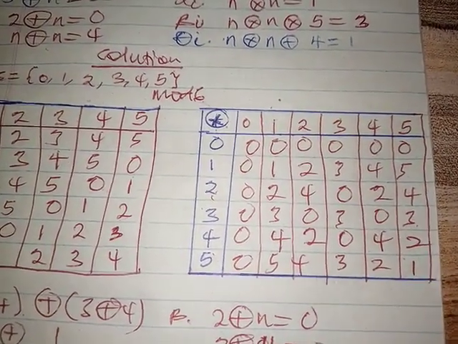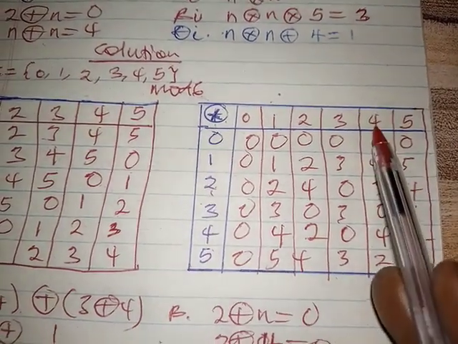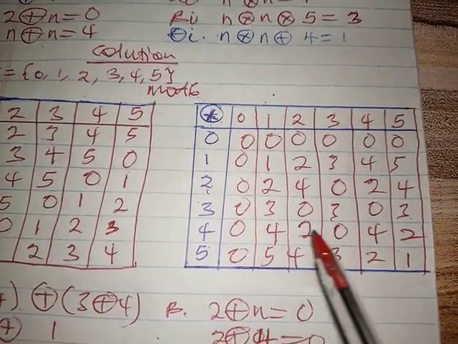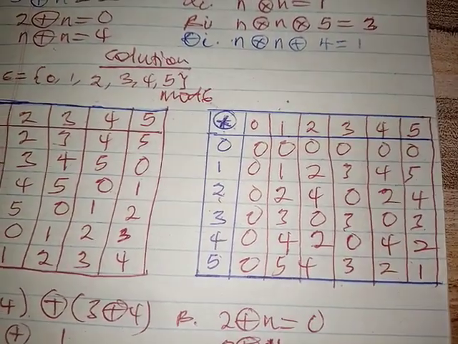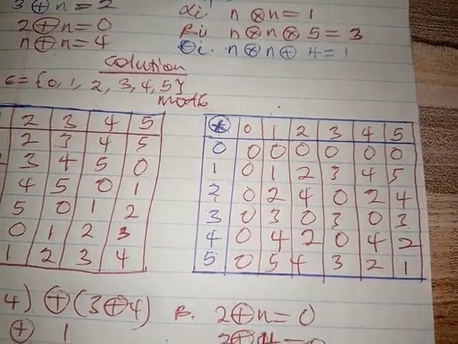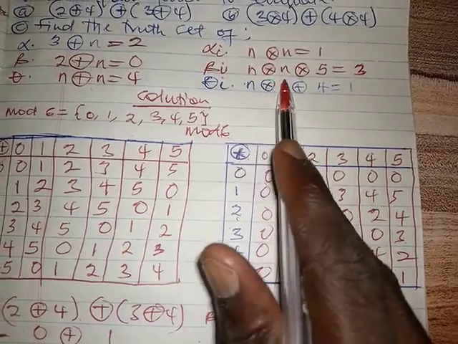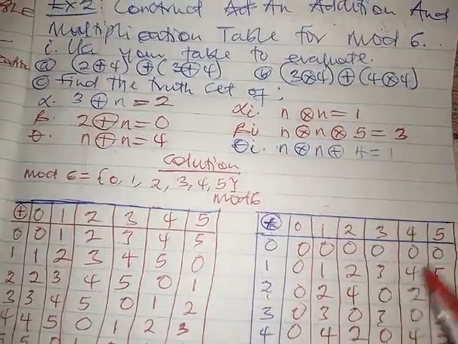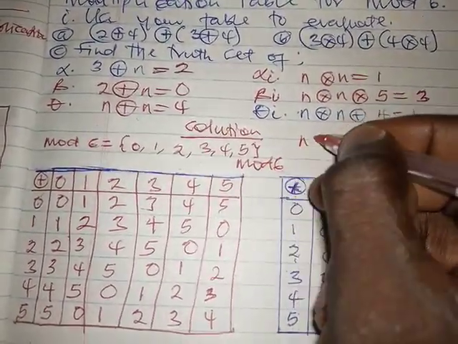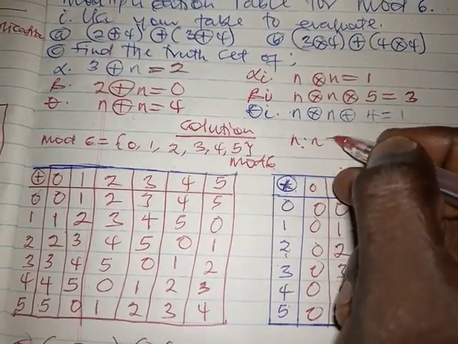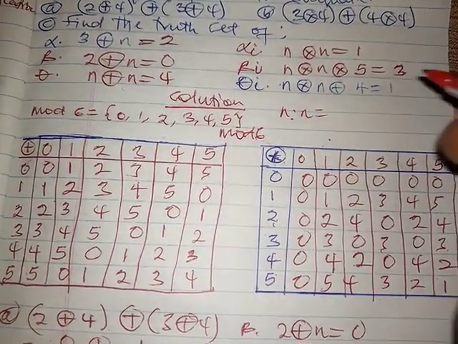Let's look at 4. 4 times 4 is giving us 4, and 4 times 5 is giving us 2. So the only number that can satisfy this problem is 3. So the answer to this problem is n is equal to 3.